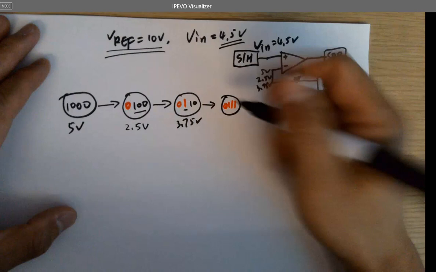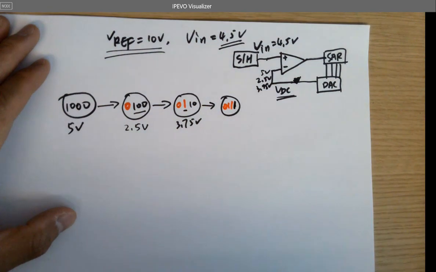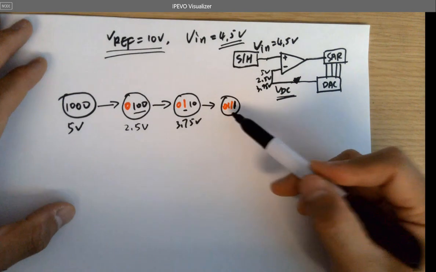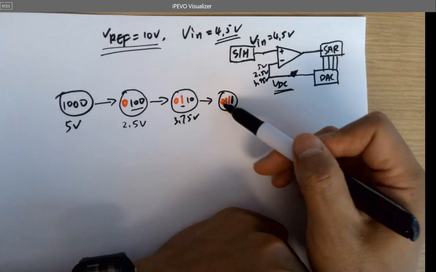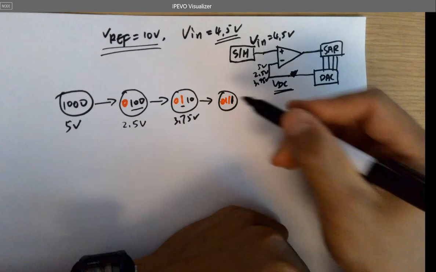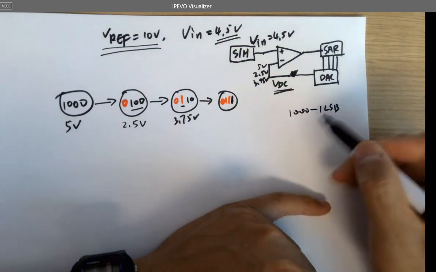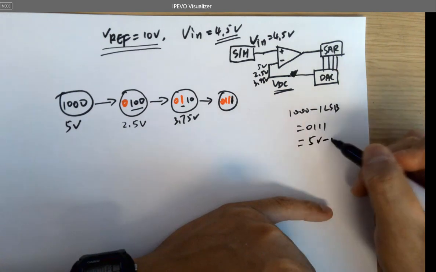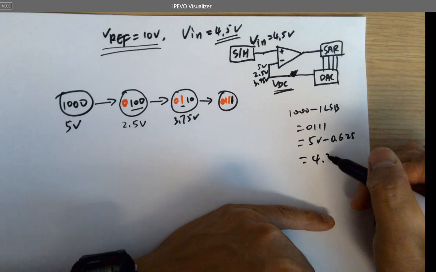Oh, this is a black one here. Is that correct? So what is this? How to calculate it? Because this is 1 LSB less than 5 volts, right? Because 1000 minus 1 LSB becomes 0111, right? Which is 5 volts minus 0.625 volts, which is 4.375 volts.